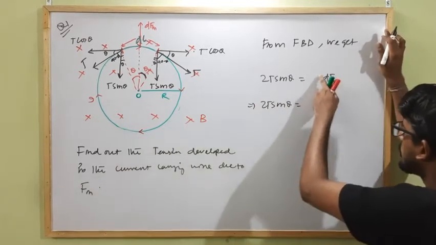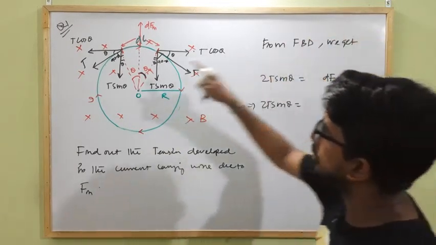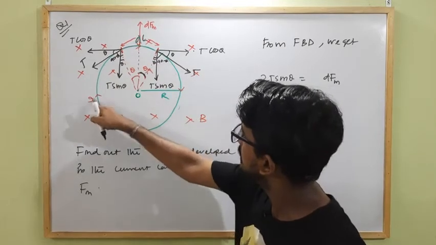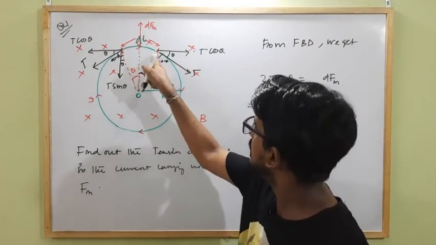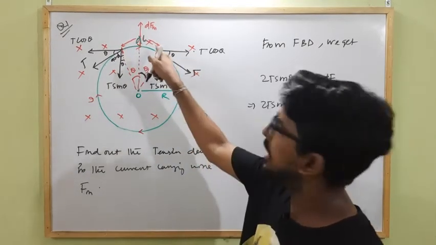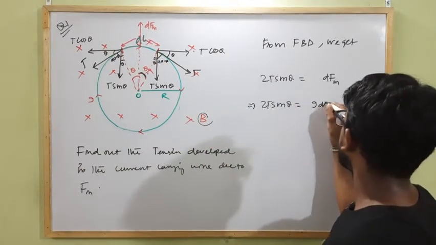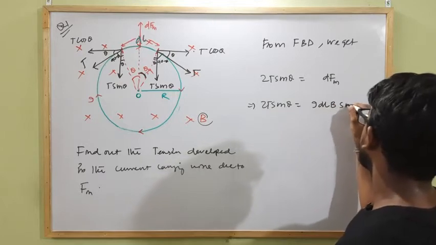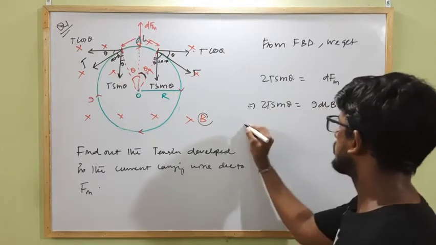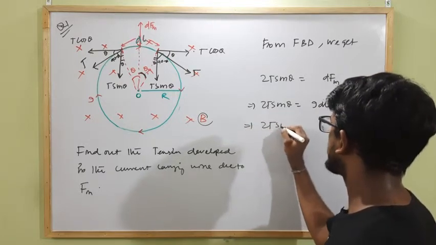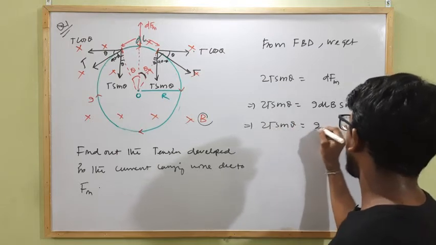What is the value of dFm? Current flowing through is I, length of this is dl, magnetic field strength is B, and the angle between dl and B is 90, so it will be I dl B sin 90. So this can be written as 2T sin theta equals I dl B.